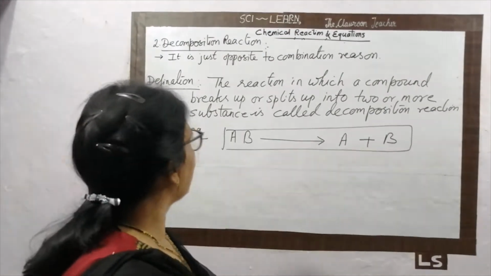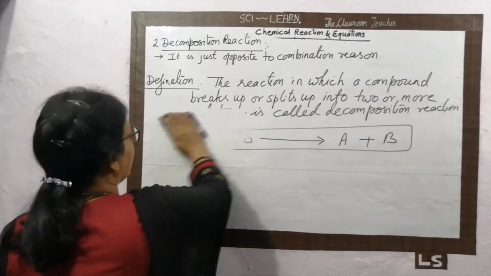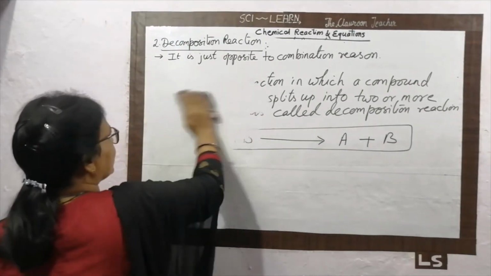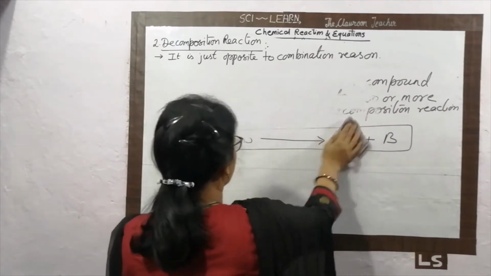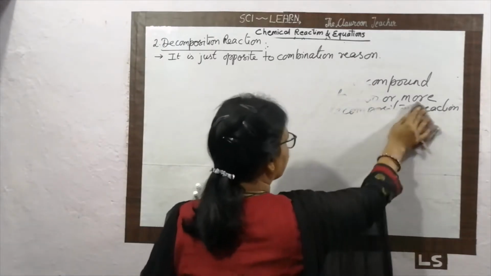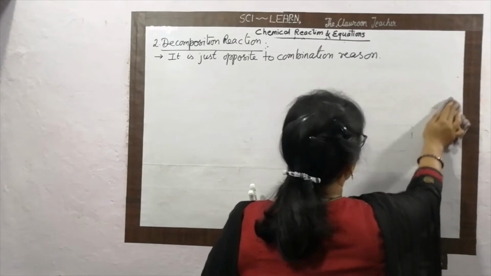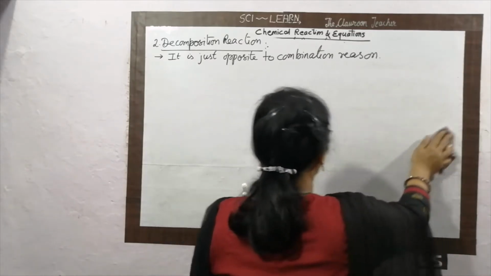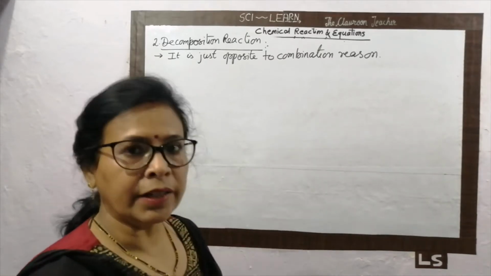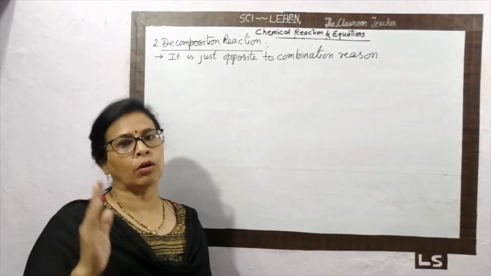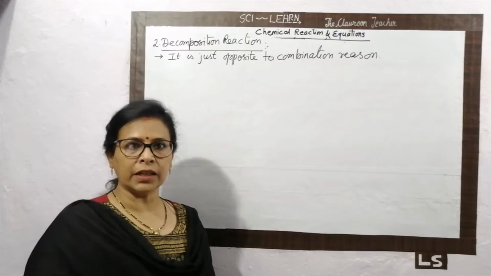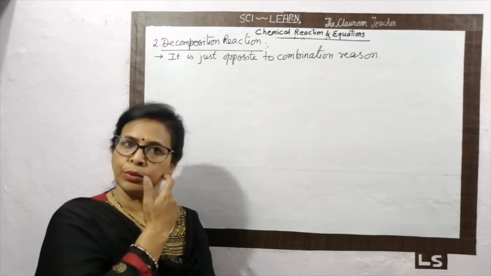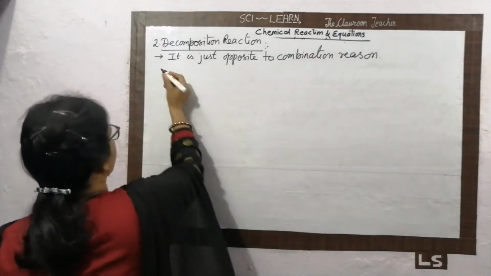Now, types of decomposition reaction. We are able to classify the decomposition reaction into three types. You have to remember first that it is just opposite of the combination reaction. And second, it is performed due to three reasons.